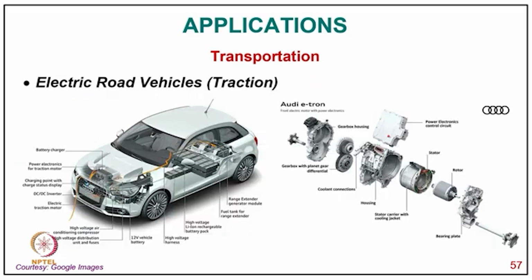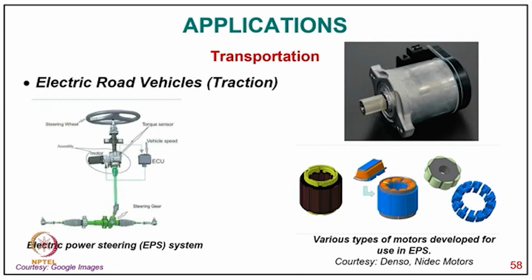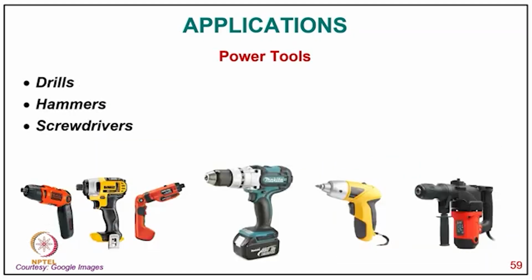Then typically your electric vehicle traction, you can see how the different parts and different motors are there. Not only the main motor but other motors are also used as auxiliary motors for different parts of it. Then your steering kind of EPS motors, various types of motor developed for use in EPS system, as you can see, the part of these motors also.